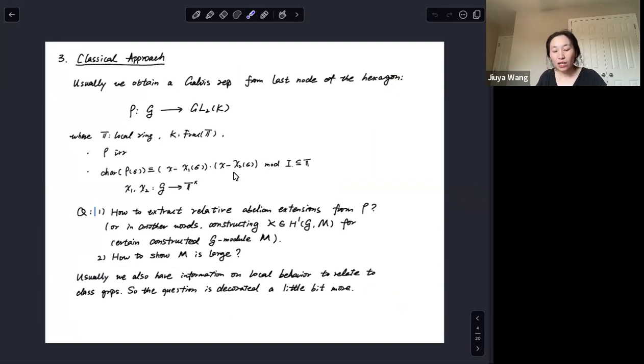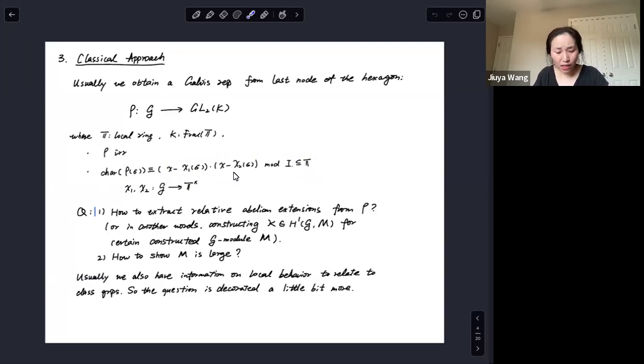Usually we will obtain a Galois representation from previous steps, and you get a group homomorphism from your compact absolute Galois group to GL2 of K, where K is a total ring of fractions for some local ring. And usually the representation is irreducible in a suitable sense.